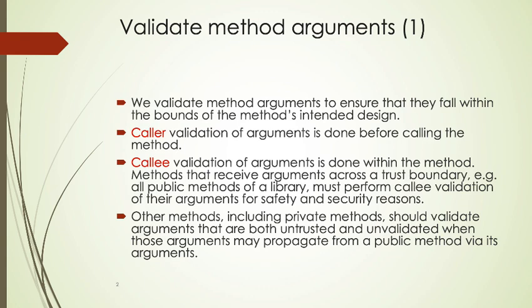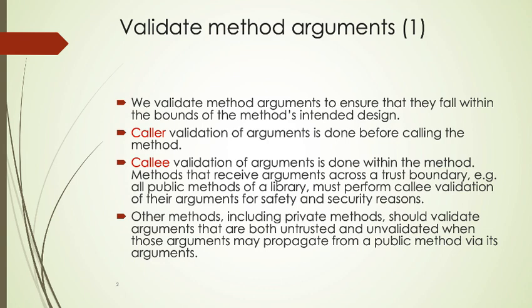So public methods have to do what is called a callee validation within the method itself, because they receive arguments across trust boundaries, such as from other libraries or input from users.